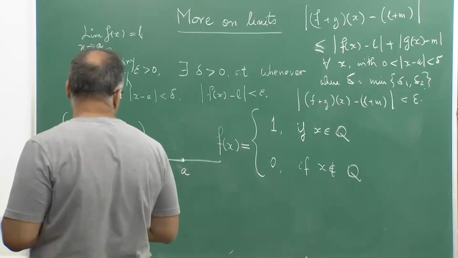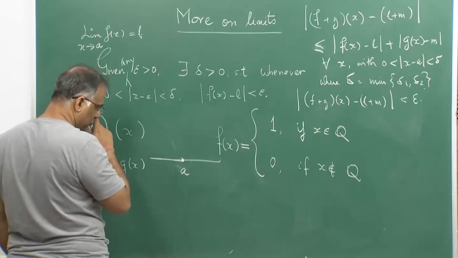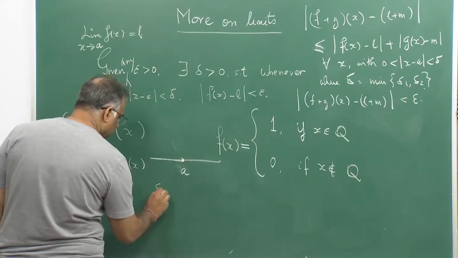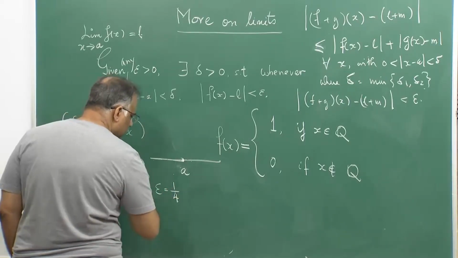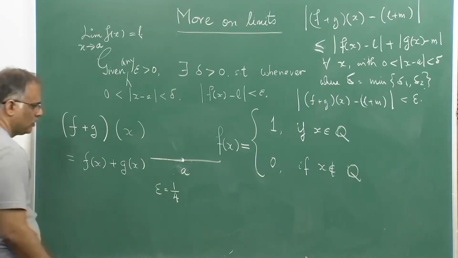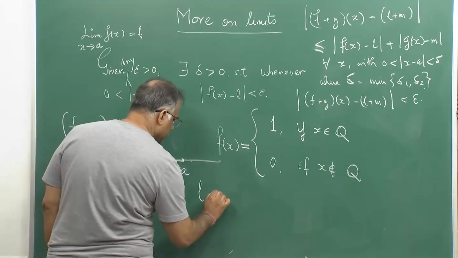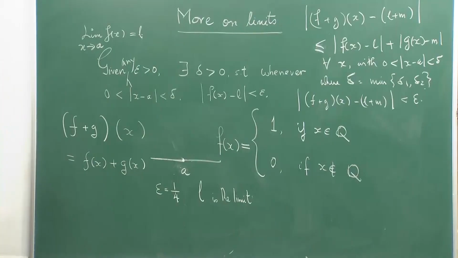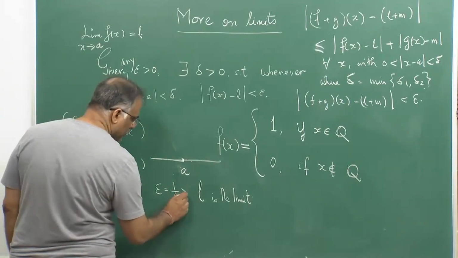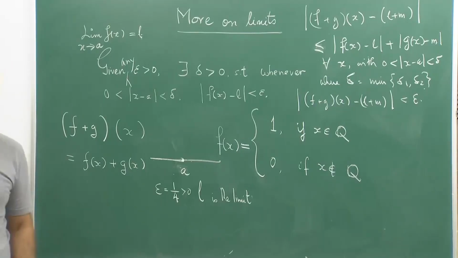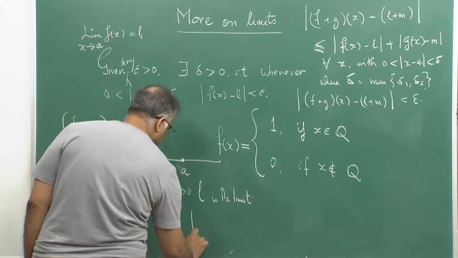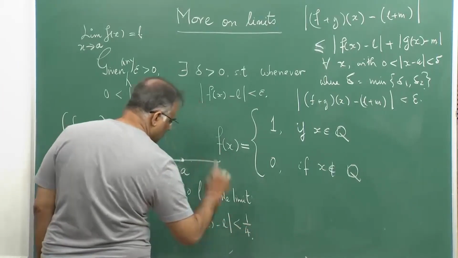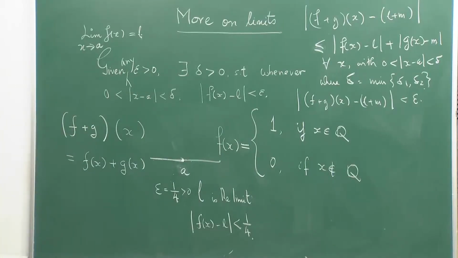For example, if I take epsilon equal to 1 by 4, and say L is the limit, suppose it has some limit L, then given this epsilon, I should be able to find a delta such that this should happen.